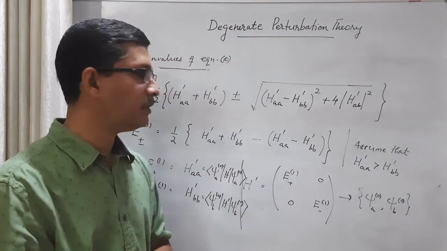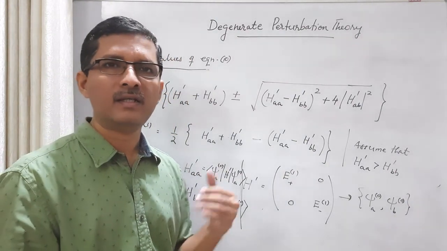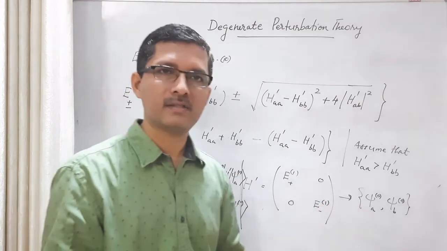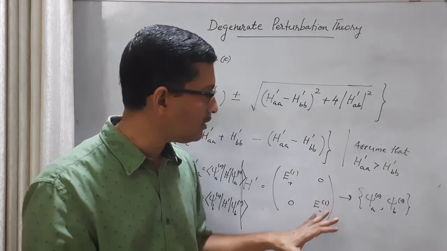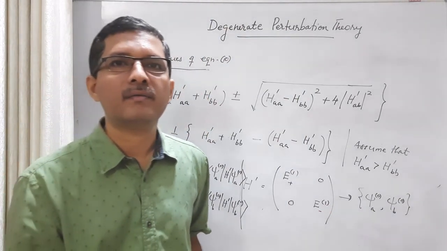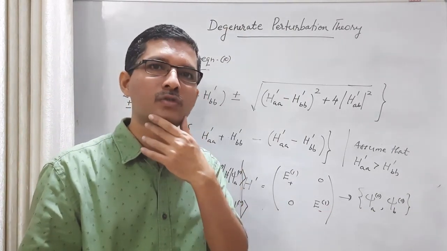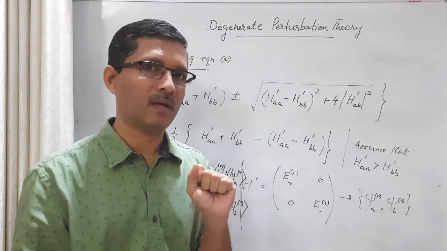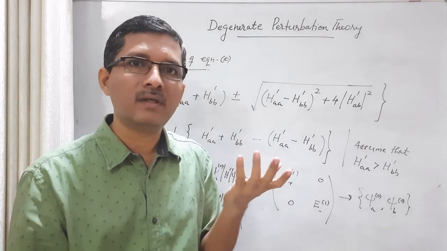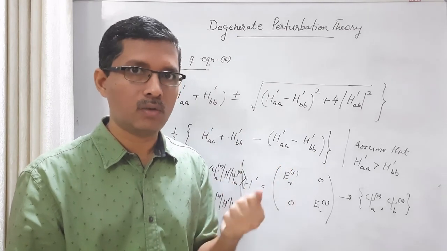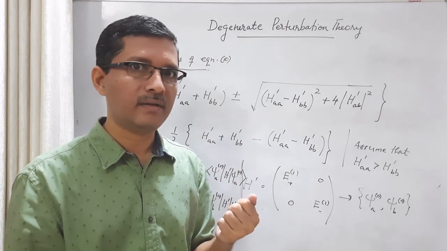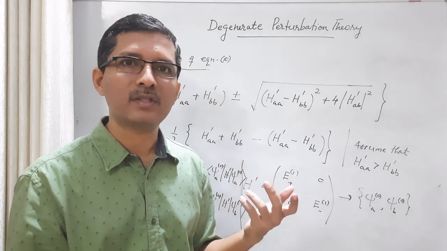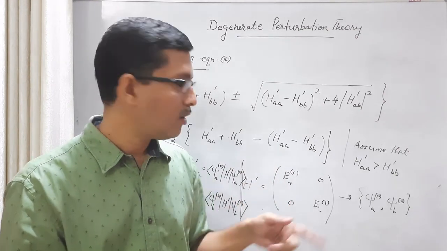In this context, we can ask the question, is there any easy way to identify these good eigenstates? What we have seen repeatedly is that the degenerate theory amounts to identifying the good eigenstates of the perturbing Hamiltonian. If we already know the good eigenstates, then we can just find the matrix element of the perturbing Hamiltonian in those good eigenstates.